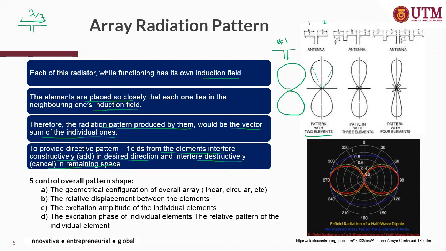And compared to three elements, it becomes narrower and a bit more directive. And when you increase the elements further, it becomes more directive, and the beam width also becomes narrower compared to fewer elements.